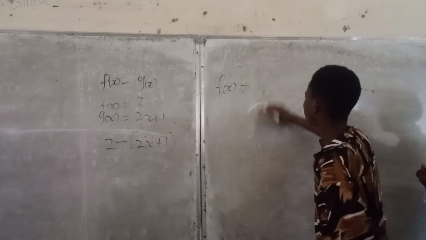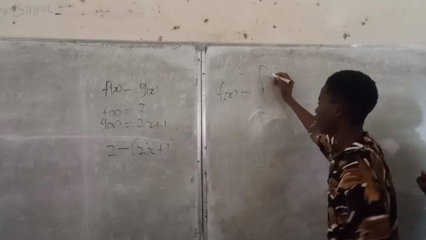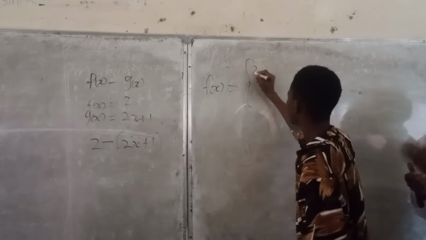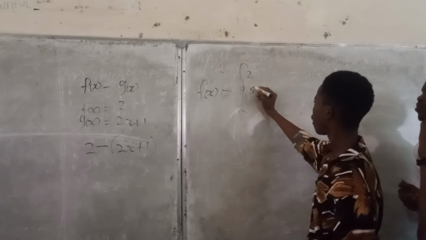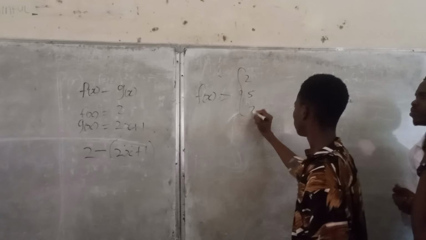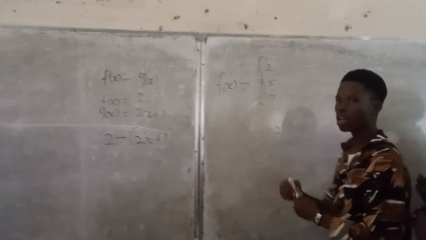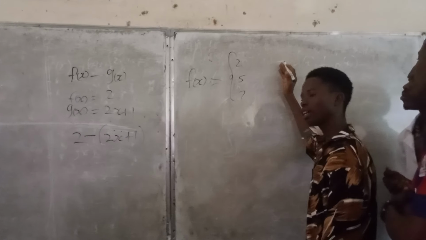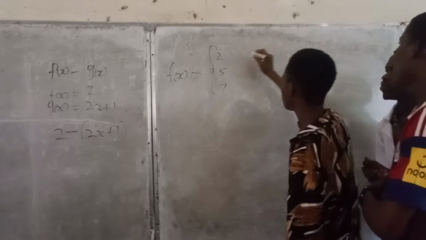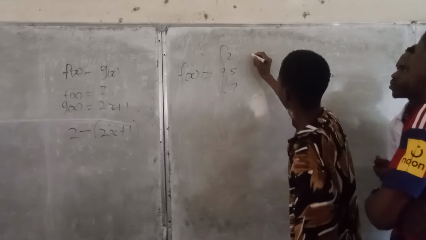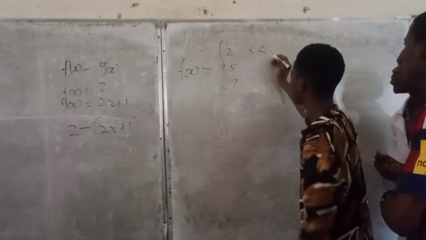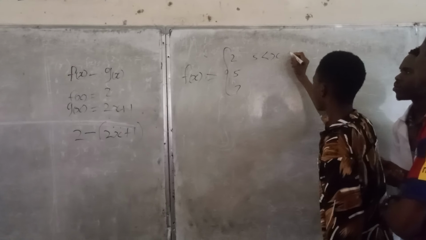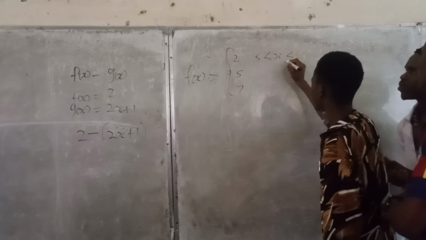Let me write it, where you can have 2, 5, 7, and then from here you have something, let's say assumable numbers, like 5 is less than s, less than or equal to minus 2.